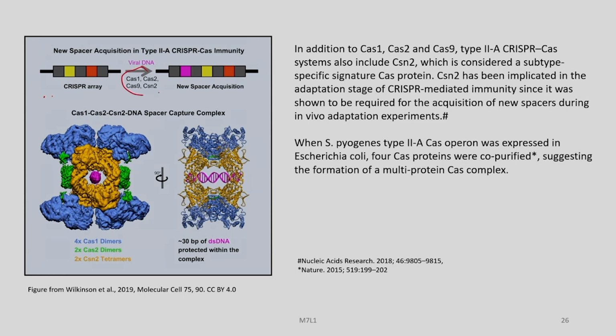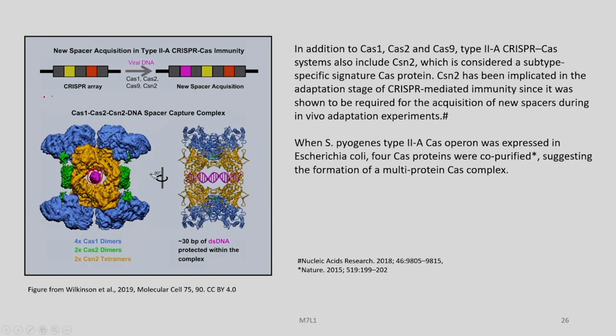This complex, leaving aside Cas9, will bind to this viral DNA. You can see here the viral DNA with the similar color code, and these are the 4 Cas1 dimers, then 2 Cas2 dimers, and 2 Csn2 tetramers.